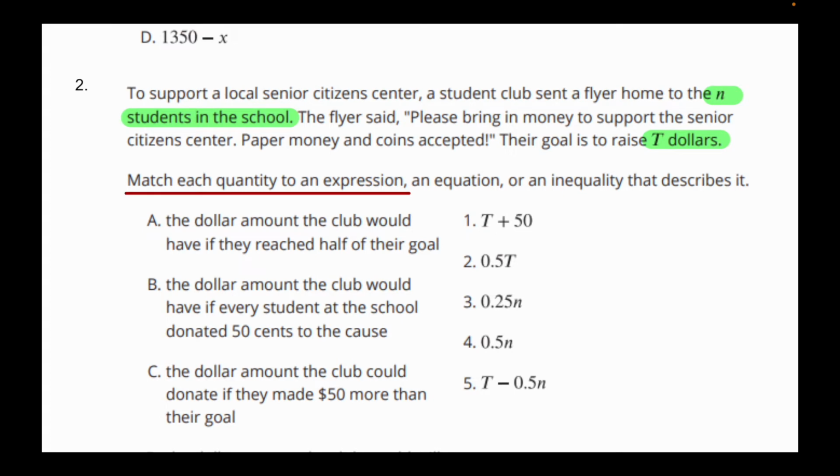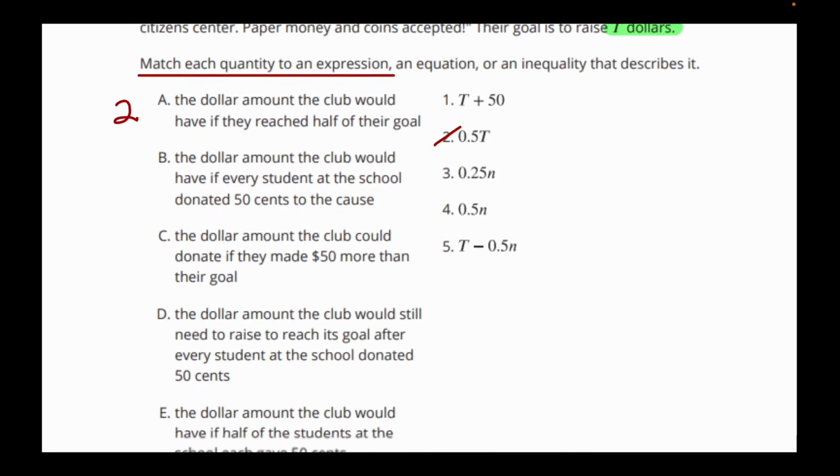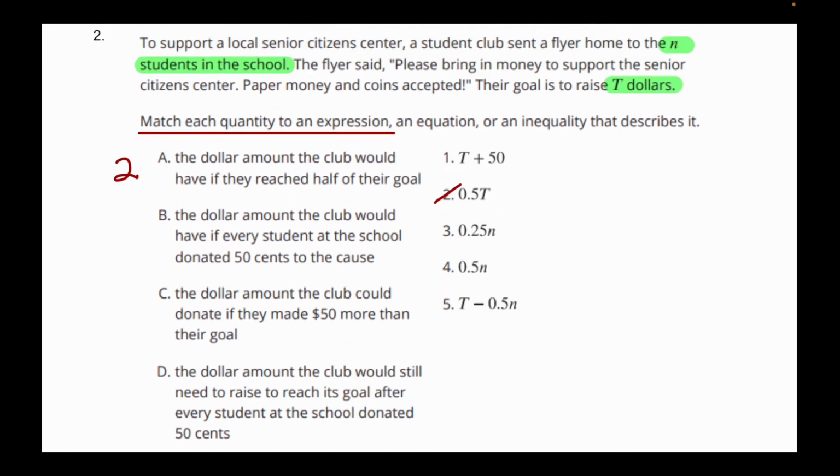match it. So this first one here says the dollar amount if they want to reach half of their goal. Well, their goal is T. So half of that would be 0.5 times T. So A is going to go with 2. Since they're pretty close here, I'm just going to write the number next to the situation that matches it.